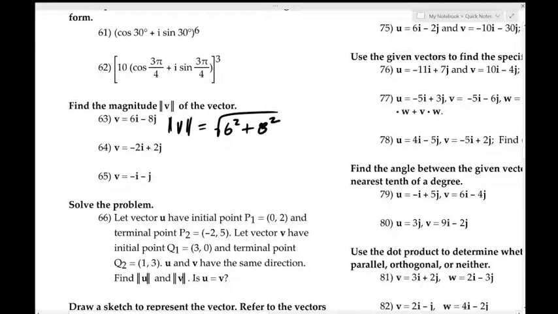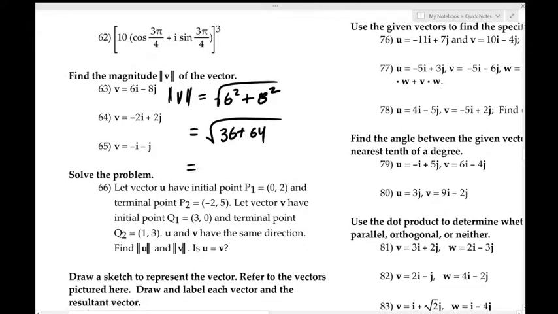Remember, you can do negative 8 as long as you keep it in parentheses, and it'll be the same thing. So 36 plus 64 gives us 100, and when we take the square root of it, we get 10. Therefore, the magnitude is 10. So 6, 8, 10 is another Pythagorean triple.